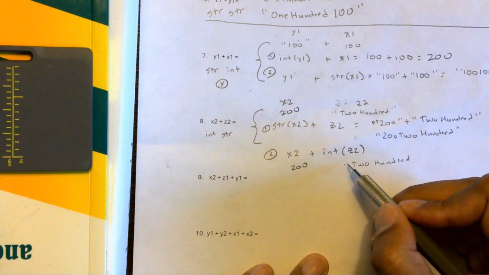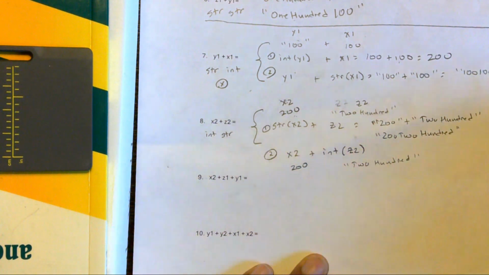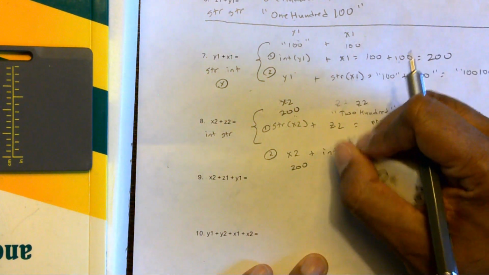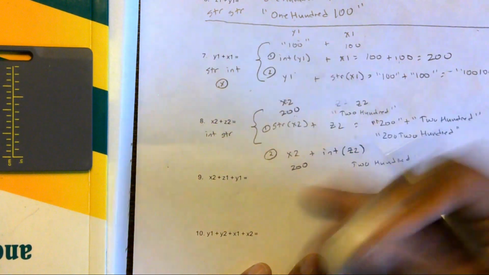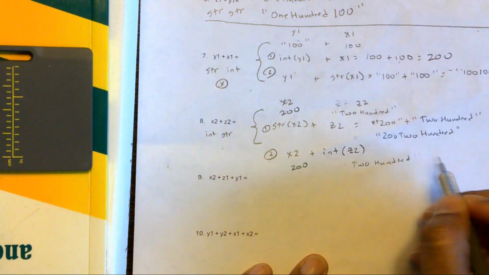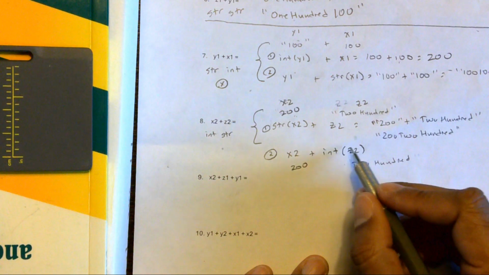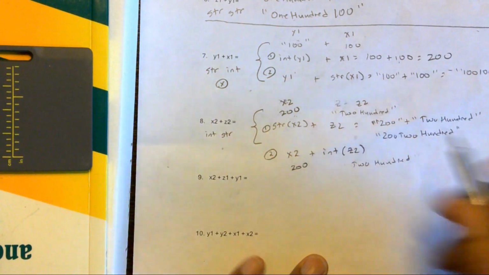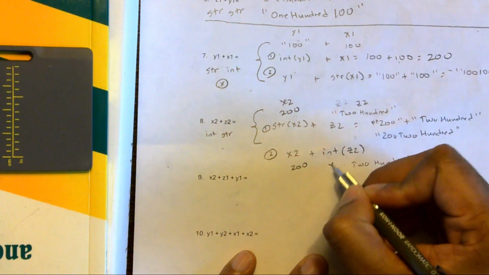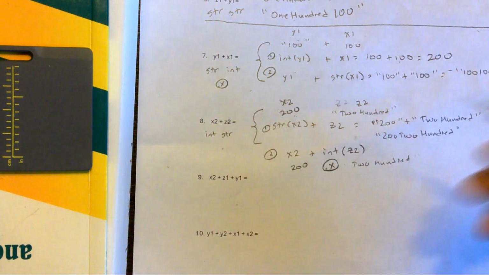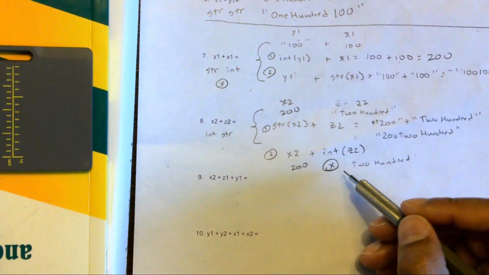If I remove the quotes here, am I going to get a number? There's no way I can get a number, okay? So this and this can never become an integer. So this does not work. It simply does not work, and that is your error. I'll take an X with a cross in it, okay?